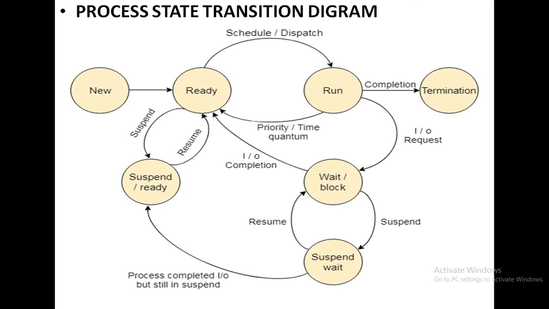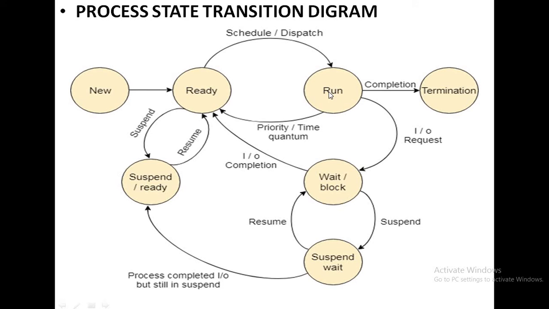At the time when the process is moved into the waiting state or blocked state, the next priority process, or the next scheduled process, the operating system takes and gives it to the CPU for execution.